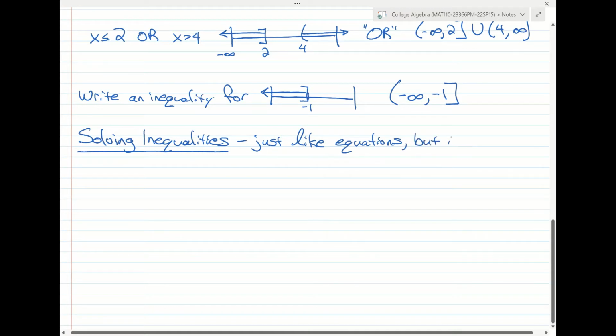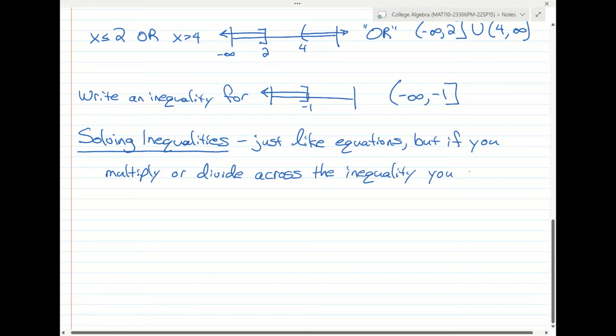But if you multiply or divide across the inequality, you must switch the sign.